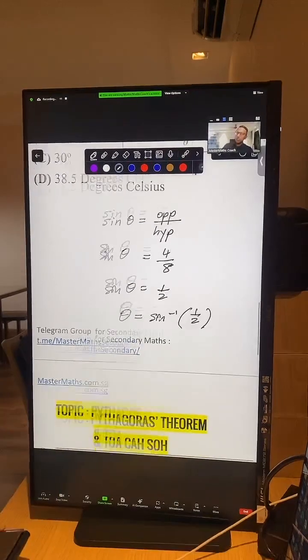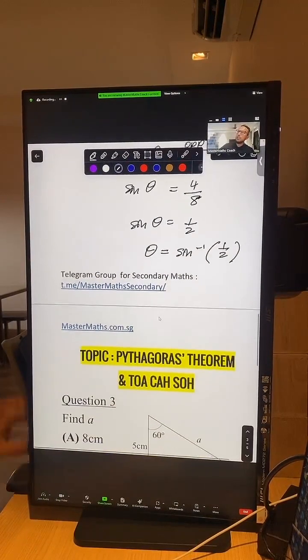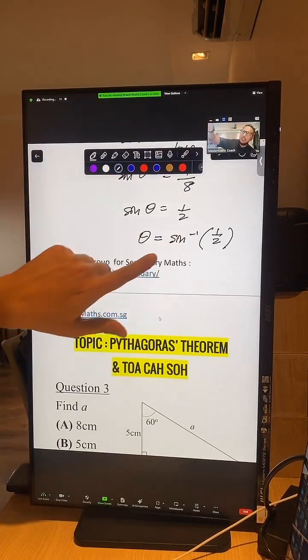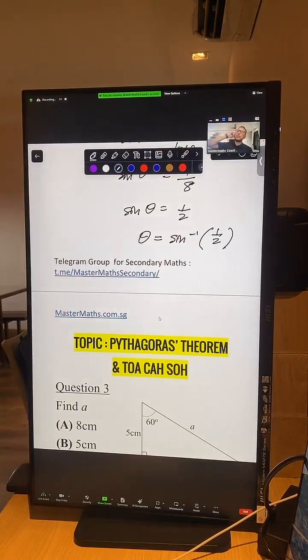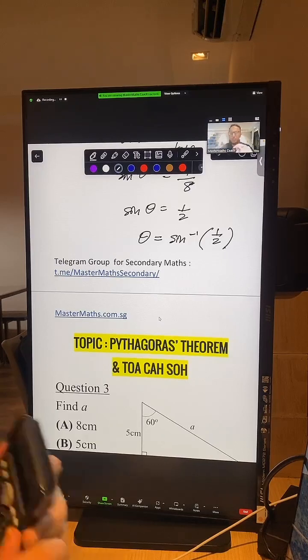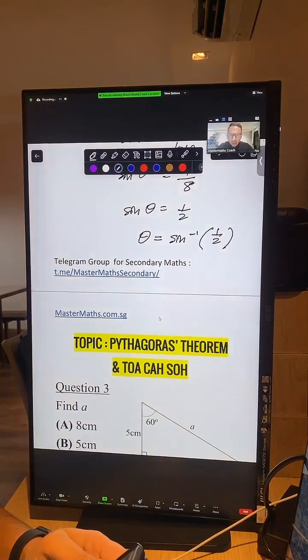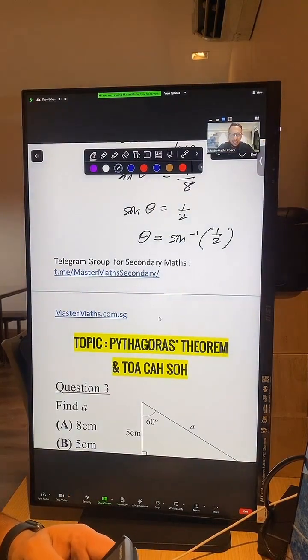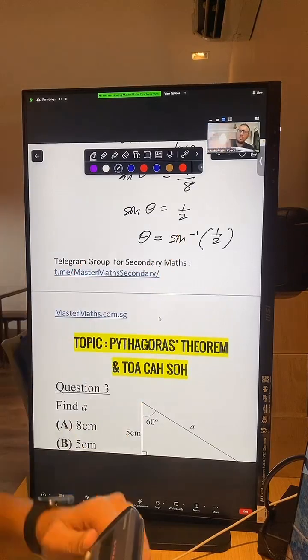Sine inverse. So you bring your sine over to the other side. But when you bring your sine over to the other side, there will be a minus 1 on top there. So on your calculator, you can press your shift or your second function. You will see above the sine, there should be this sine inverse.